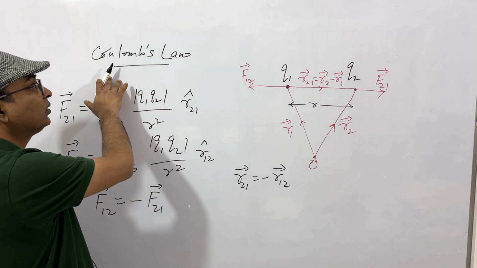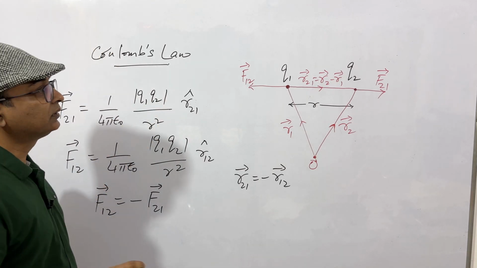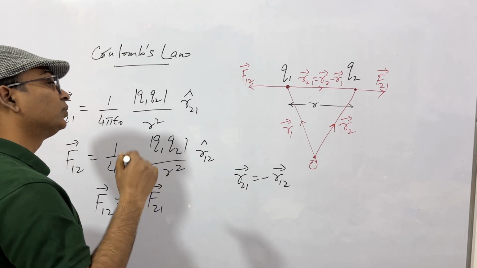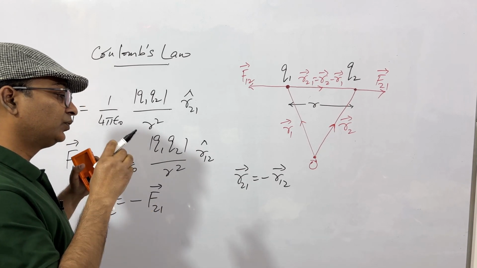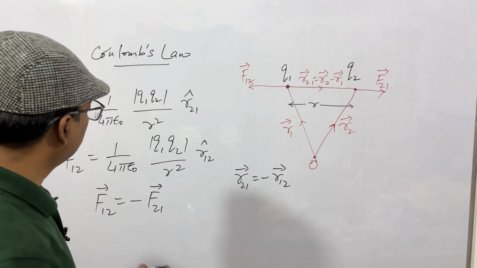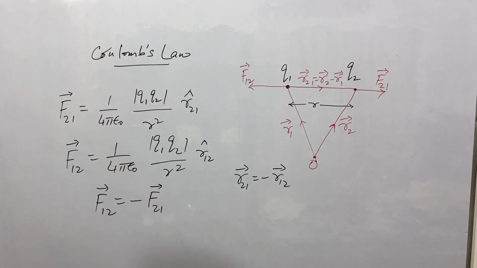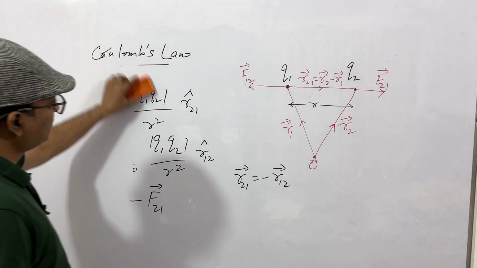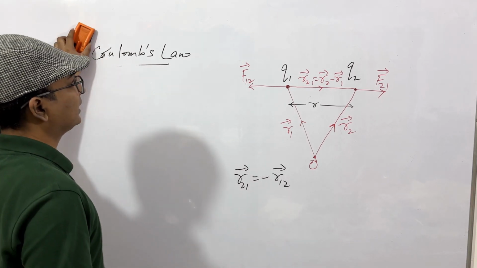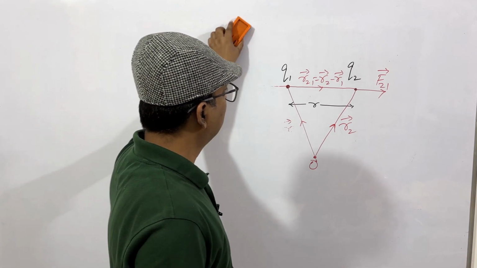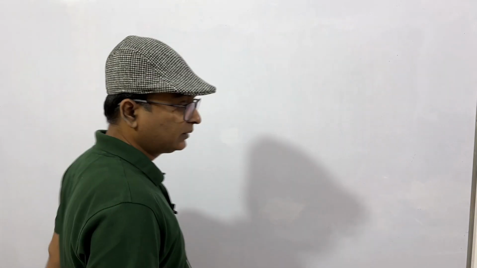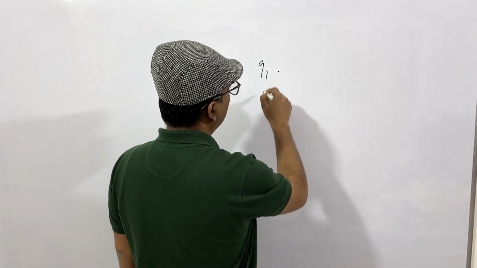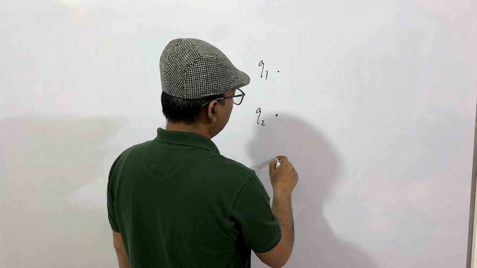And what do we get from Coulomb's law? We get the value of force due to a charge on another charge, and these are the magnitudes and directions. Now let's understand force on a charge due to multiple charges. From here only we can understand the force experienced by a charge due to multiple charges. Let's say this is Q1, this is Q2, and this is Q3.